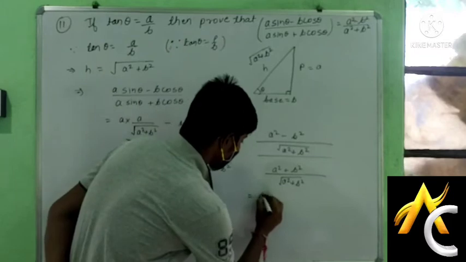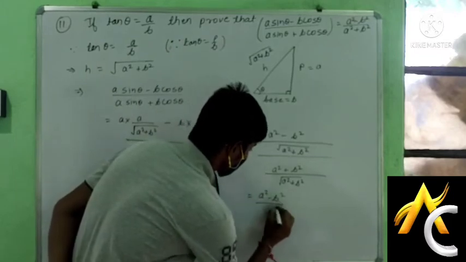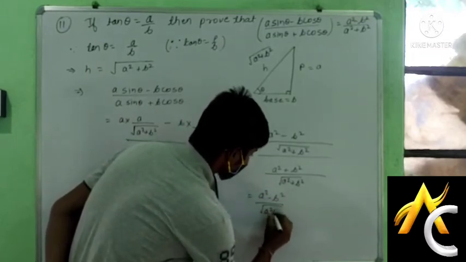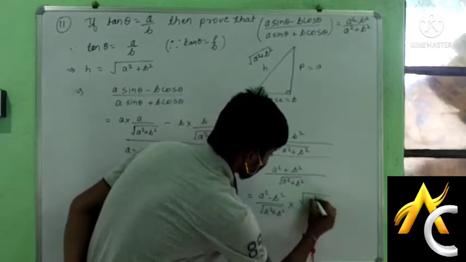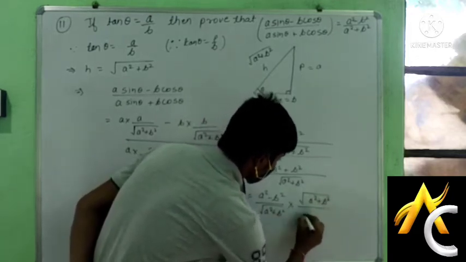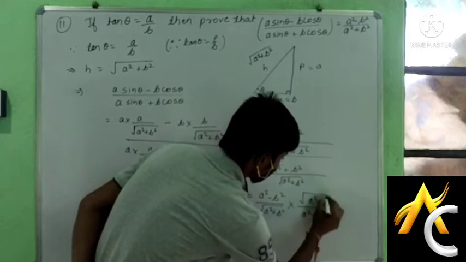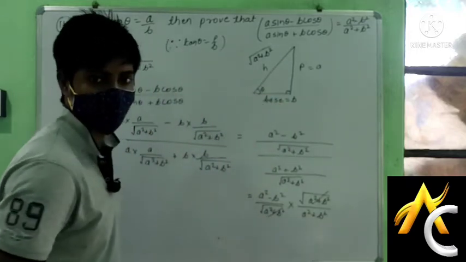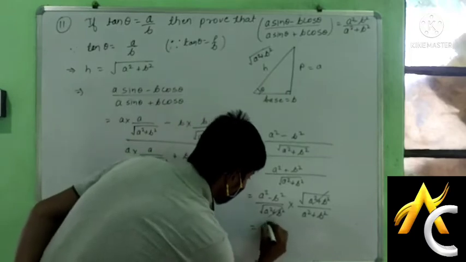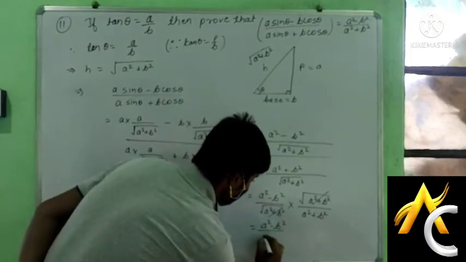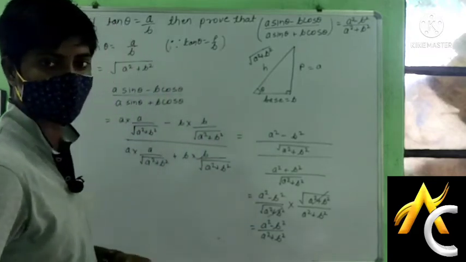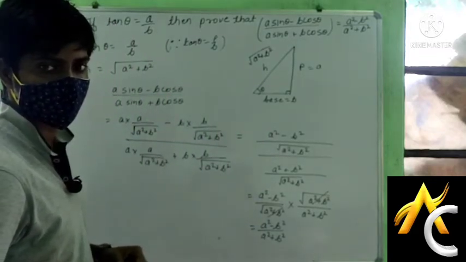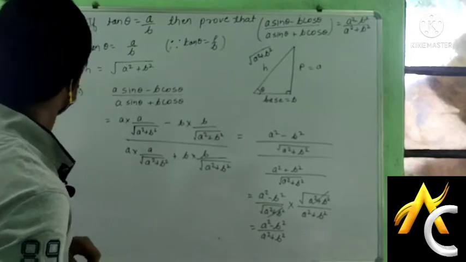So it will be a square minus b square by root under a square plus b square into root under a square plus b square by a square plus b square. These cancel each other. So it will be equal to a square minus b square by a square plus b square. Simple? Doubt? Easy? Okay.